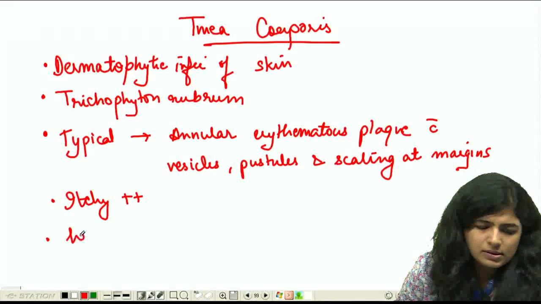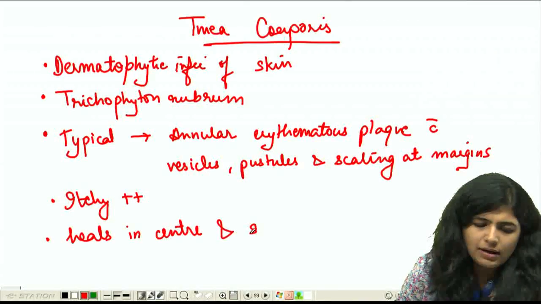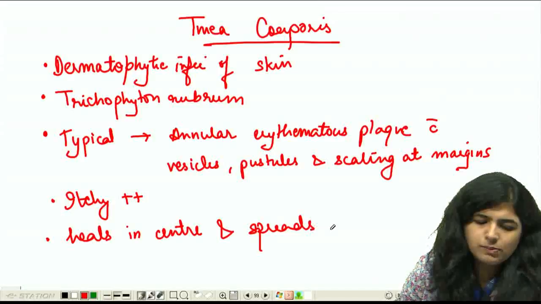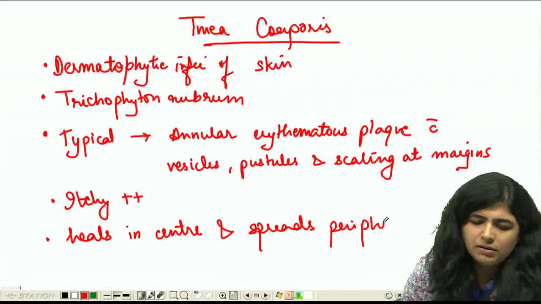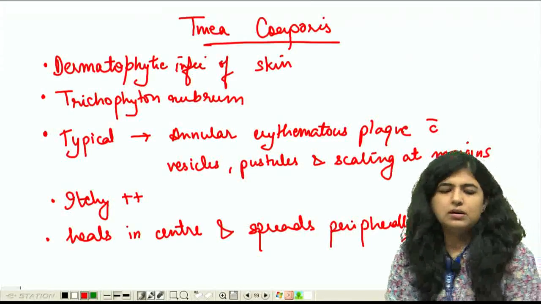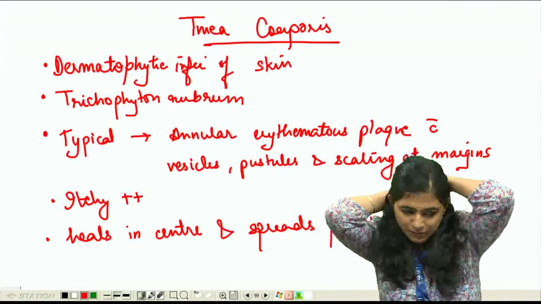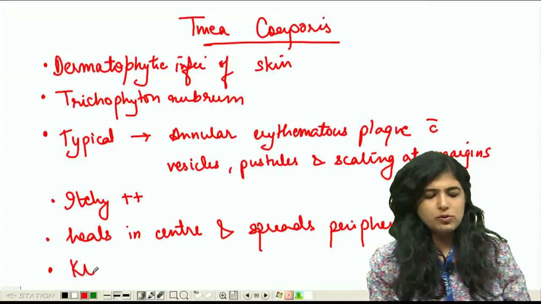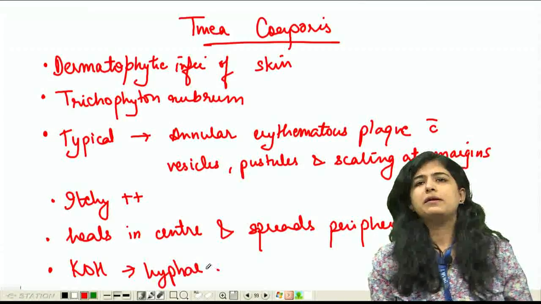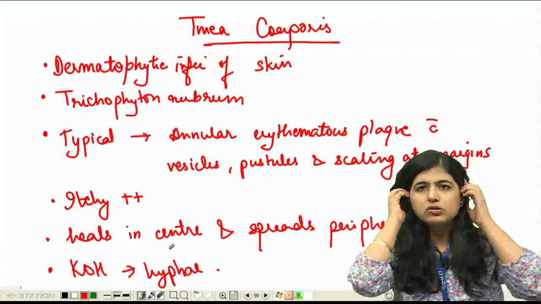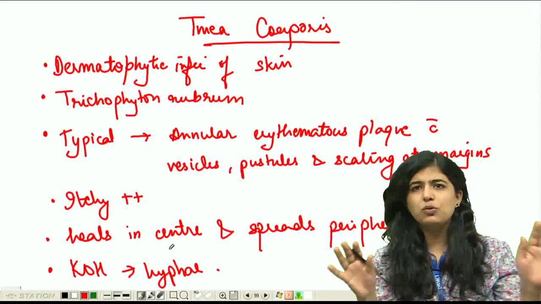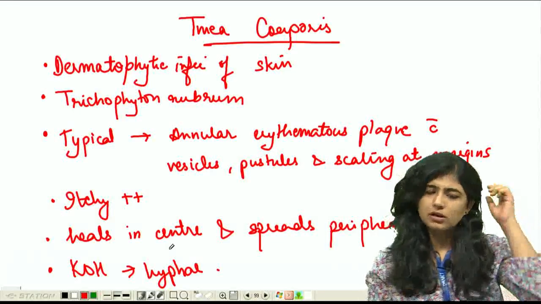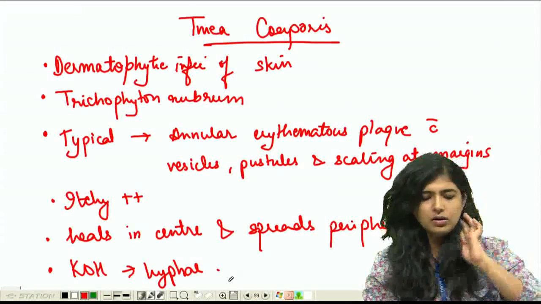Then this heals in the center and spreads peripherally. This is how a typical tinea looks like. Diagnosis is pretty straightforward. Otherwise, you can do a KOH scraping, which will show you hyphae. Griseofulvin, itraconazole, terbinafine, everything works on this. So this is about Tinea corporis.